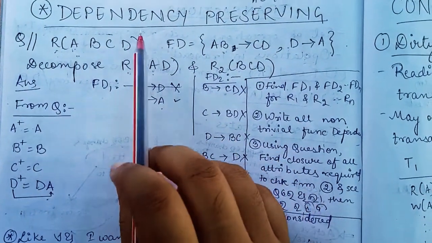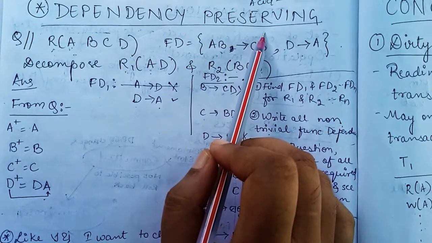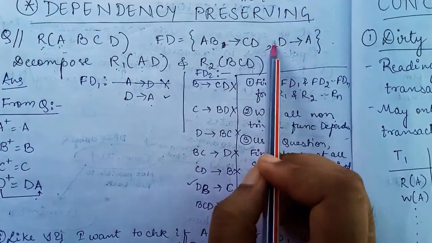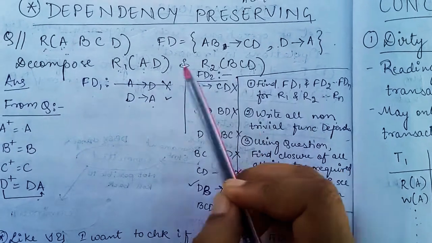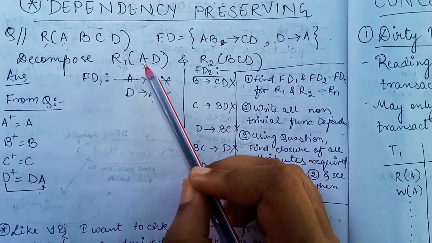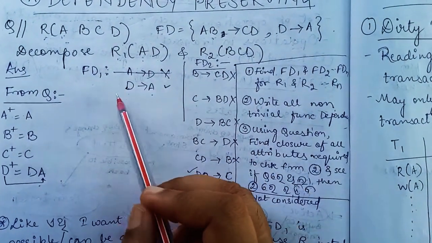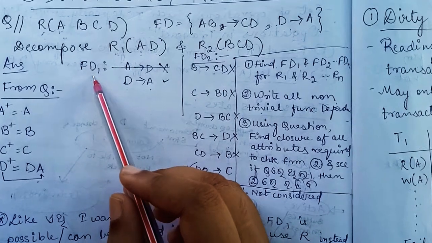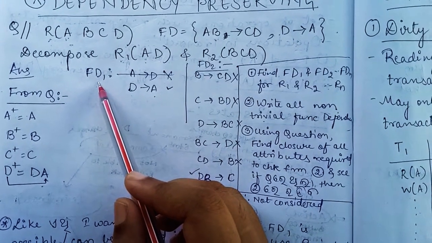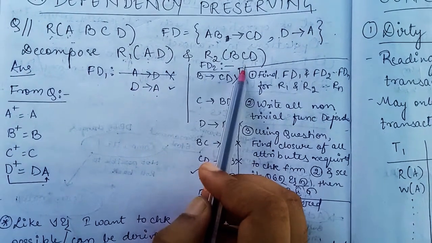Now we need to check an optional property, that is dependency preserving. That is, whether these dependencies are preserved while we decompose this relation into these two. For that we need to find what all dependencies come under this and this relation.